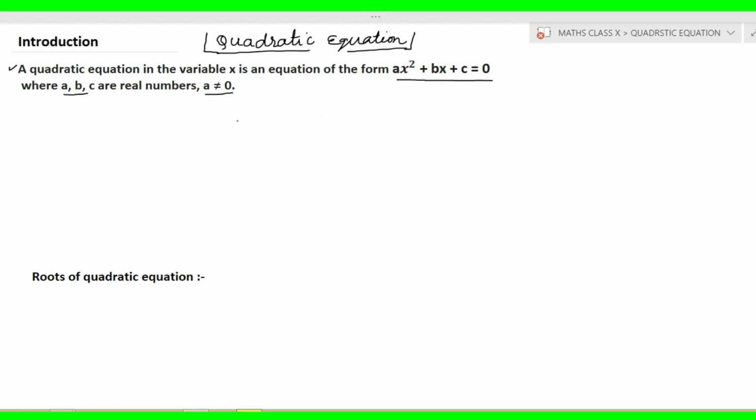Or we can say a second degree equation. Also we can write: an equation of degree 2 is called a quadratic equation.